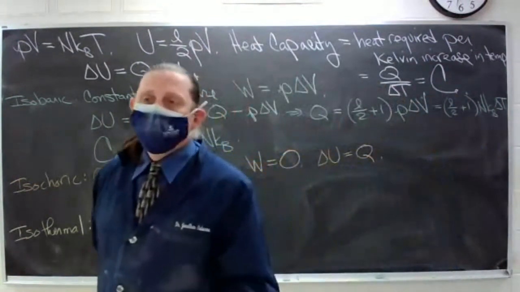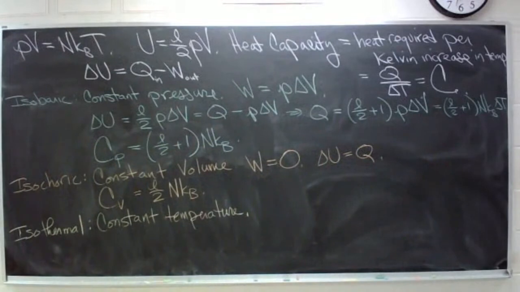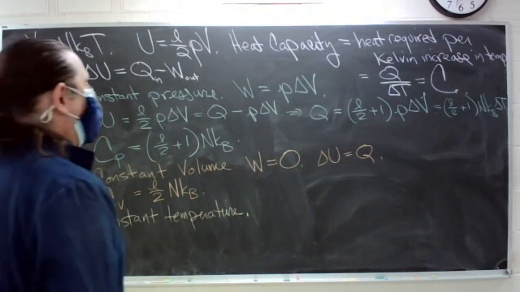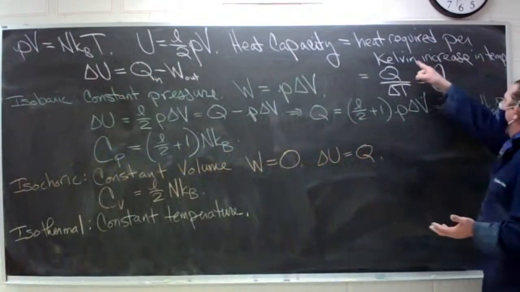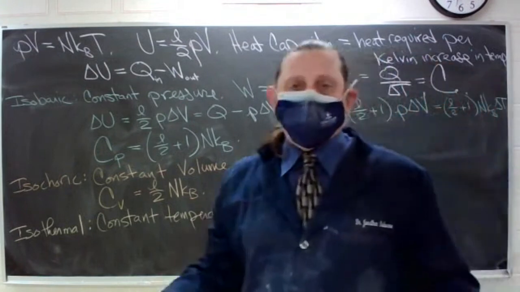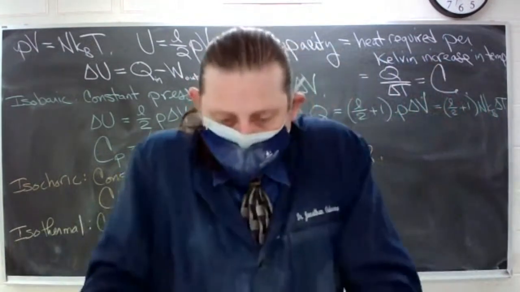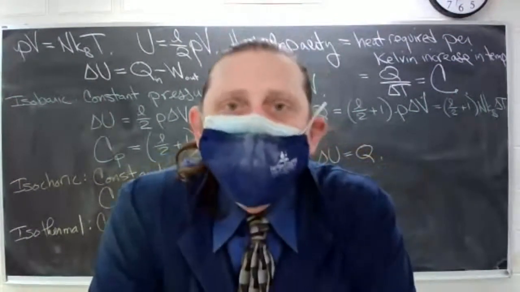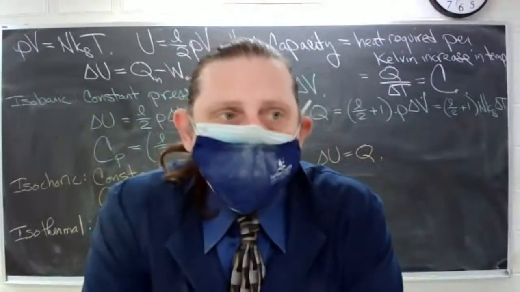Since it takes place at constant temperature, it doesn't make any sense to ask about the heat capacity. The heat capacity is the heat required per Kelvin increase in temperature. If I'm not changing the temperature, then it doesn't even make any sense to ask that question.